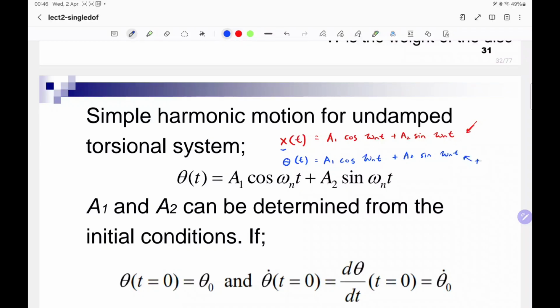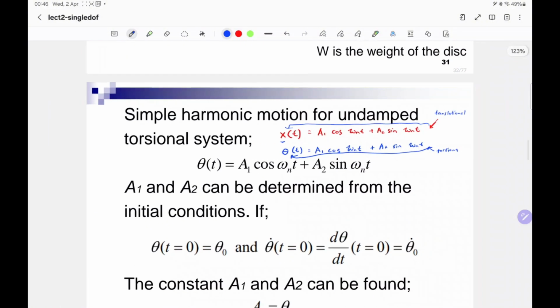So this is for torsional, and this is for translational. This is the difference in terms of response between those two.